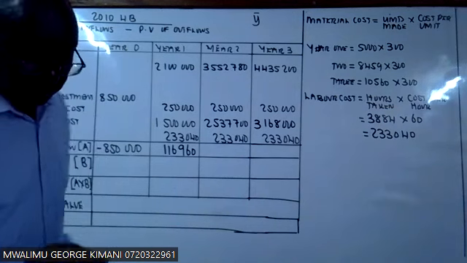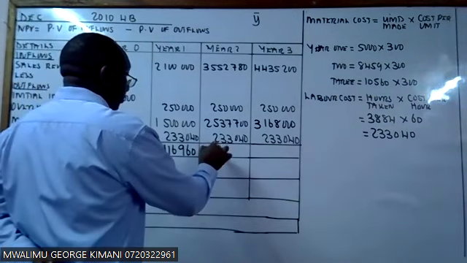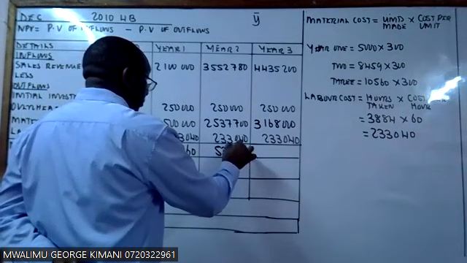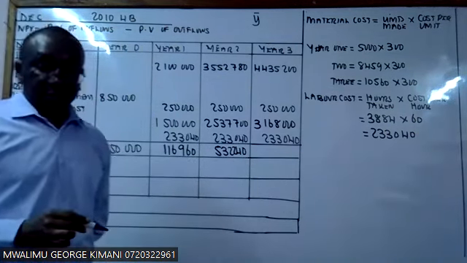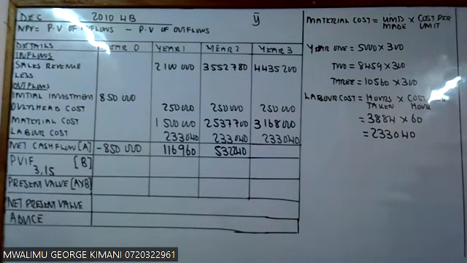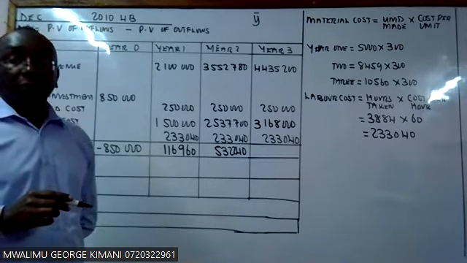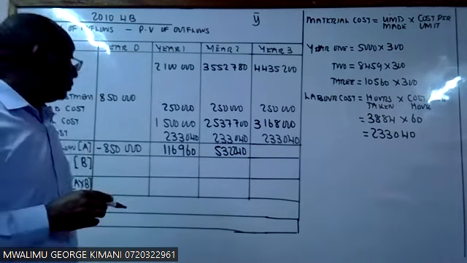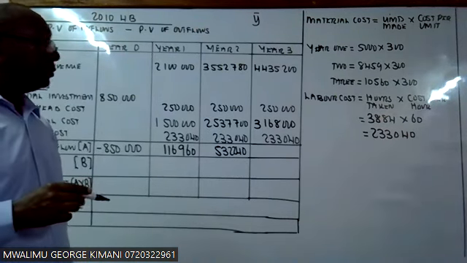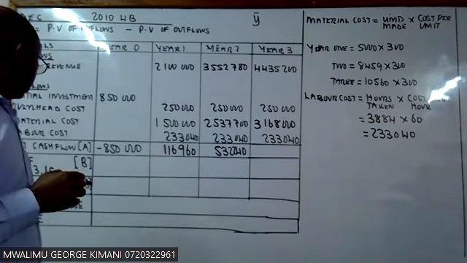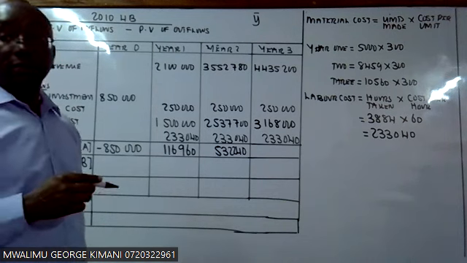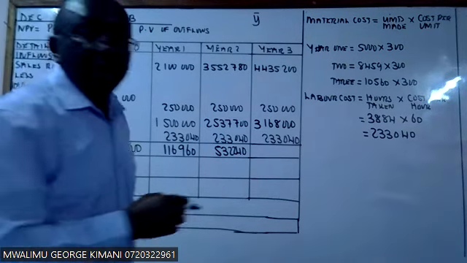Five, that's 2,240. The last one, $784,160.